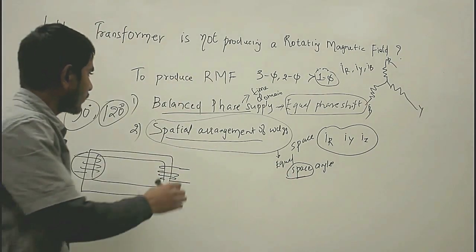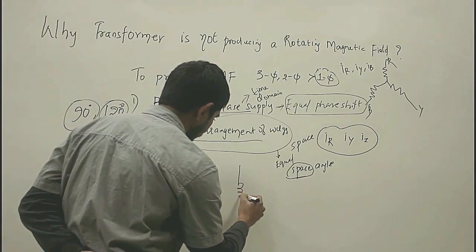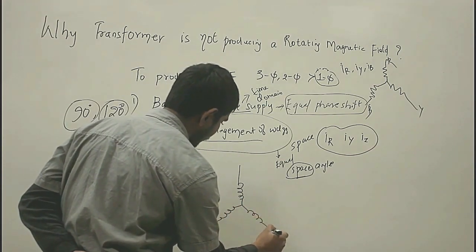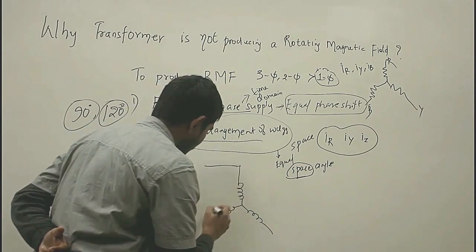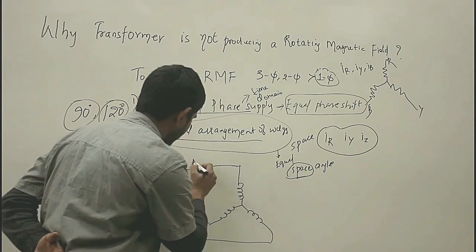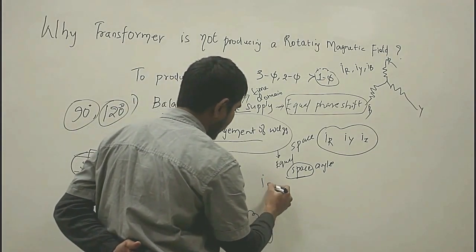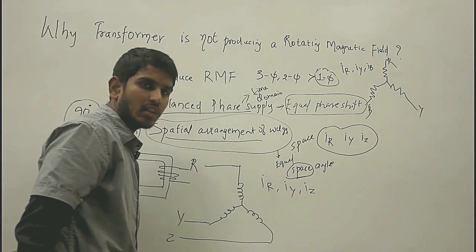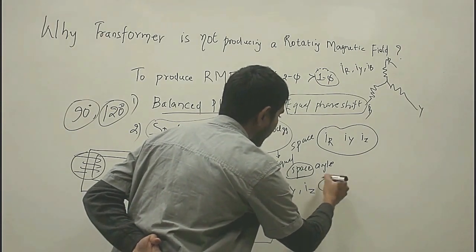Now, if you observe in your induction motor, if you are providing a balanced three-phase supply to a three-phase induction motor, let us say R, Y, B, here the IR, IY and IB are displaced equally by 120 degrees in time domain.